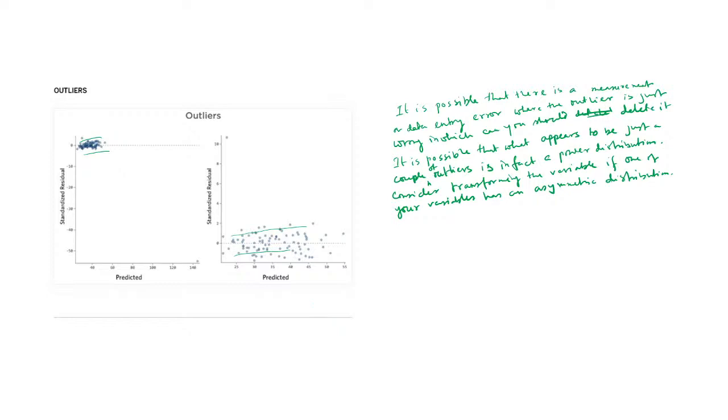So the last line is, if it is indeed a legitimate outlier, you should assess the impact of the outlier.